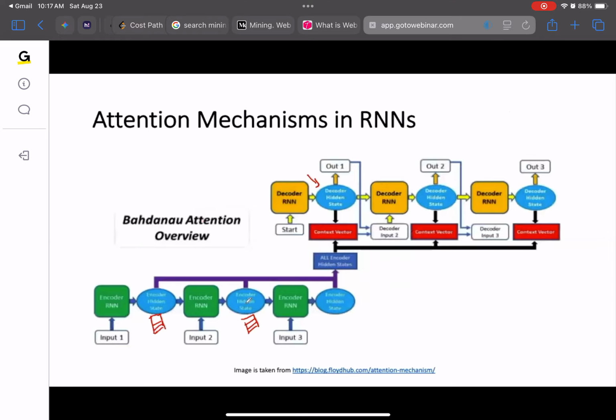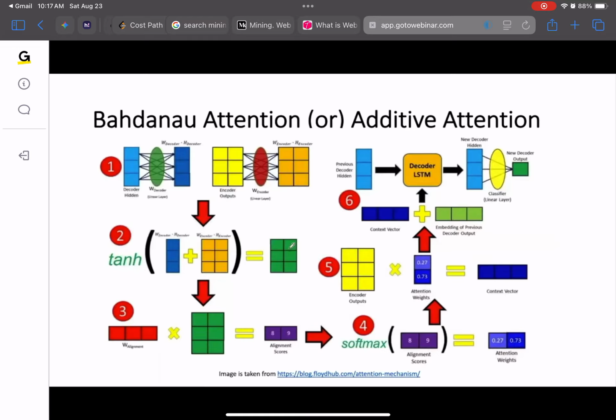In this example we had three inputs, so we would have a matrix with three columns. Here we have only two columns, because we are considering only two input words.